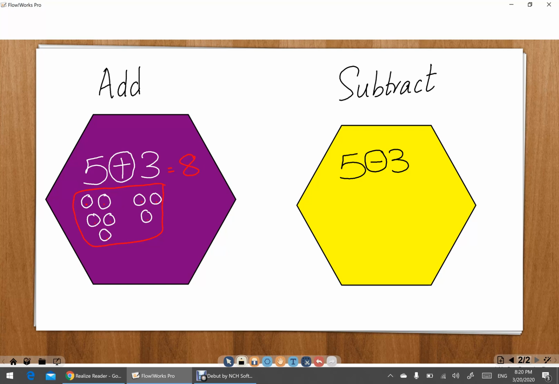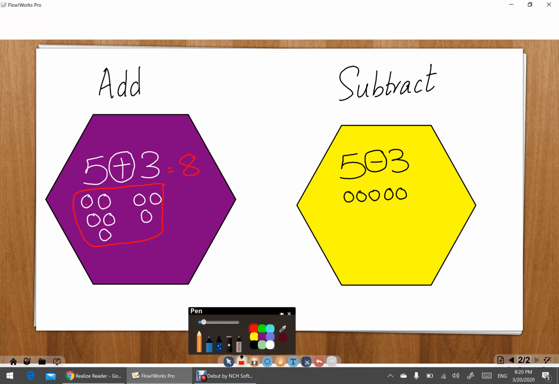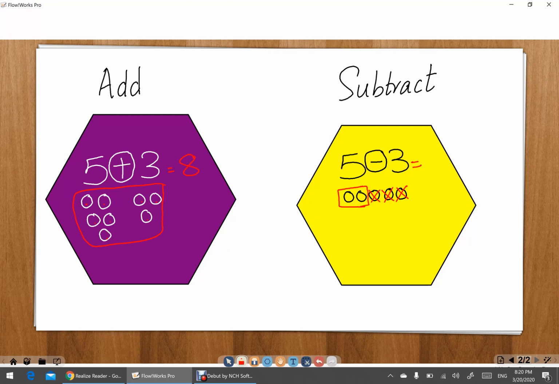So let's draw counters. 1, 2, 3, 4, 5. So from 5, I will take away 3. So if I take away 3, 1, 2, 3, how many am I left with? Good. It gives me 2. Good job.